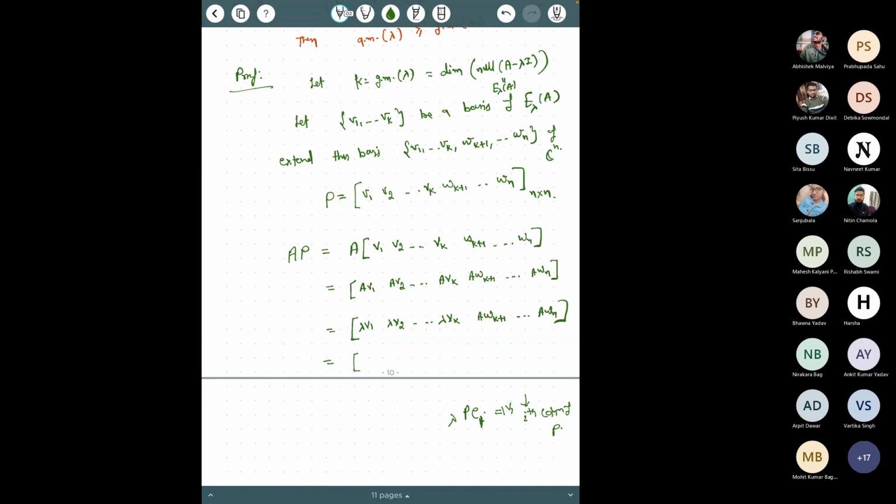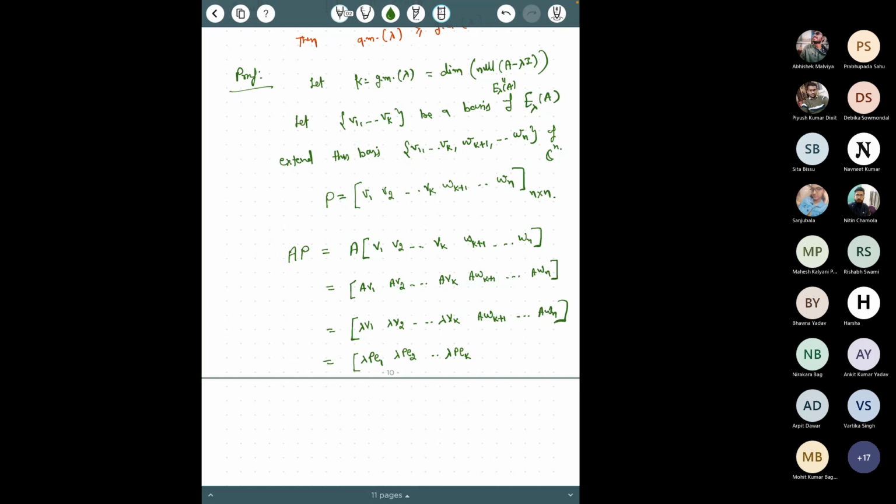So lambda v1 I can write as lambda times P e1. Similarly, the second one I can write as lambda times P e2, and so on, up to lambda times P ek. And the next vectors I can write using P inverse, because P is invertible here.